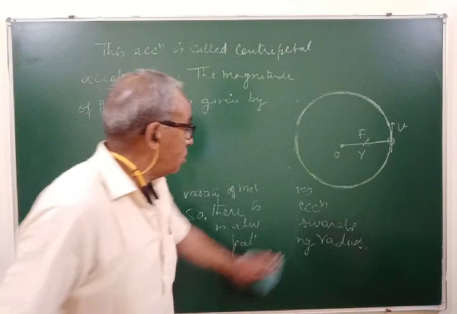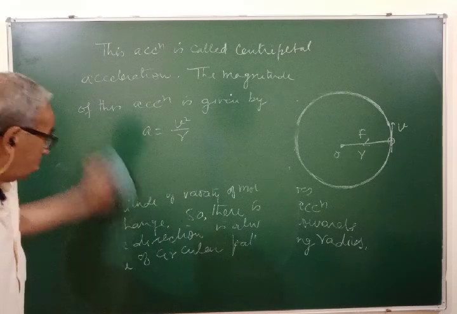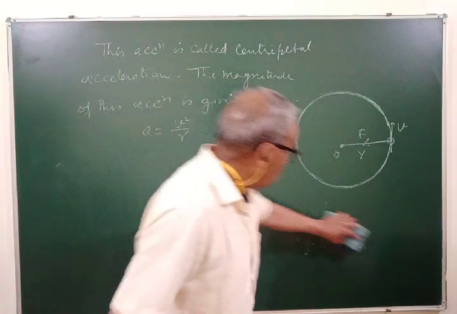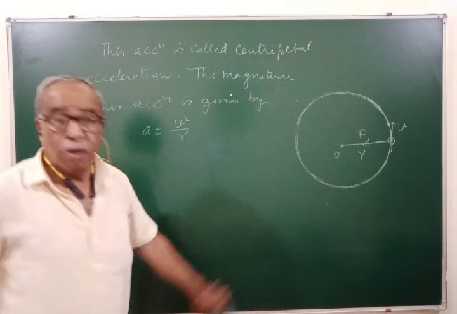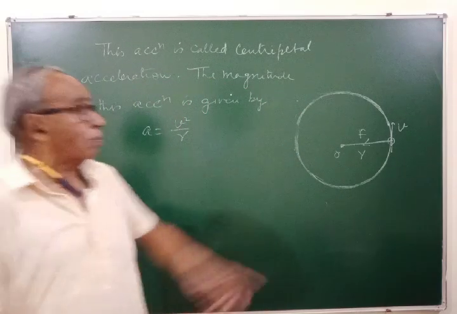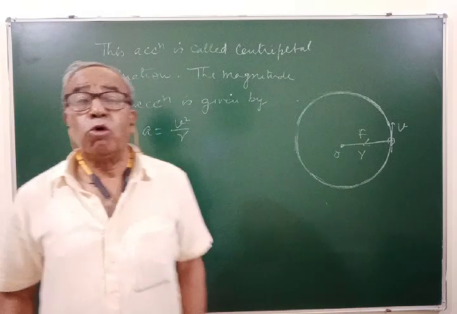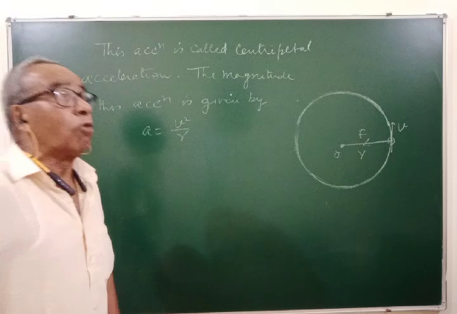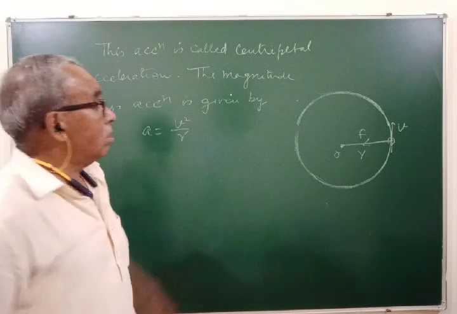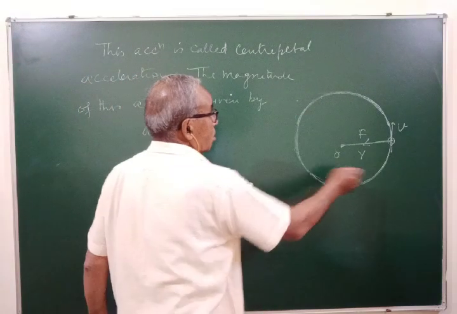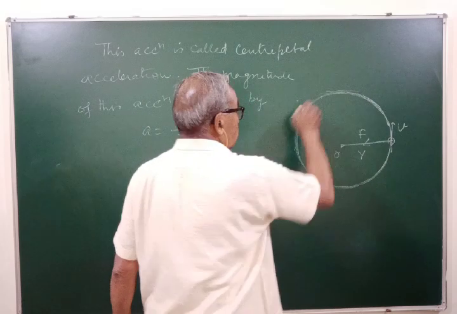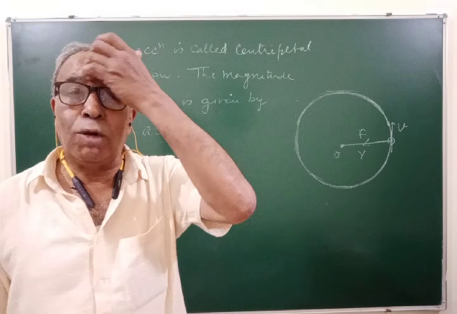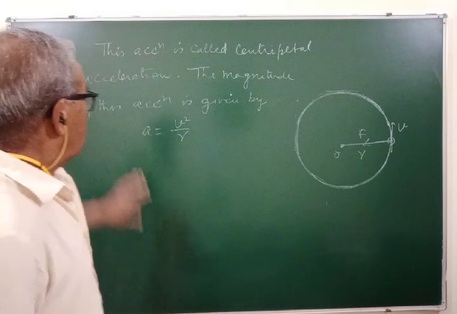We have learned this as centripetal acceleration. So centripetal acceleration is a case of uniform circular motion. When a body moves on a circular path with constant speed, then the motion of the body is said to be uniform circular motion. And due to change of direction, the velocity vector keeps on changing. And when velocity changes, then change in velocity per time is called acceleration.